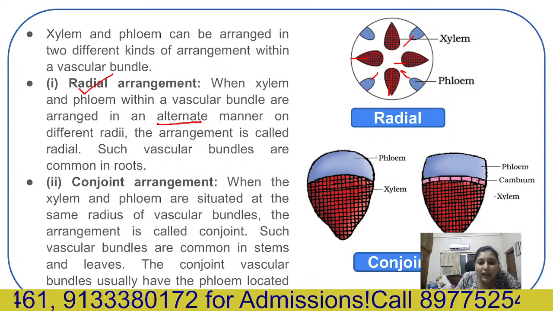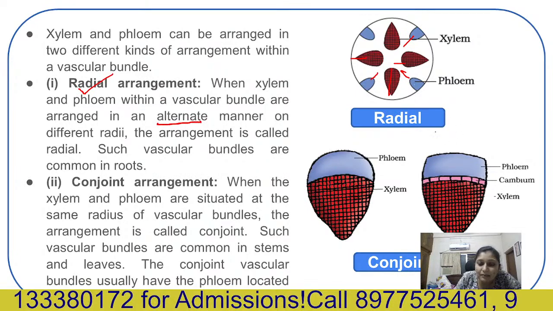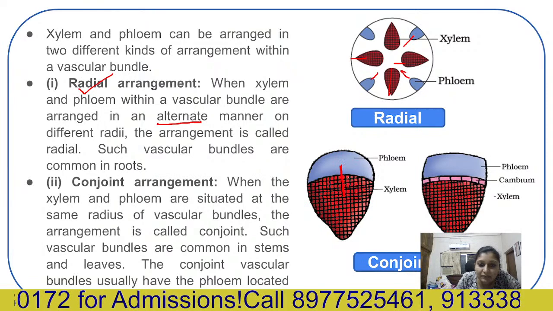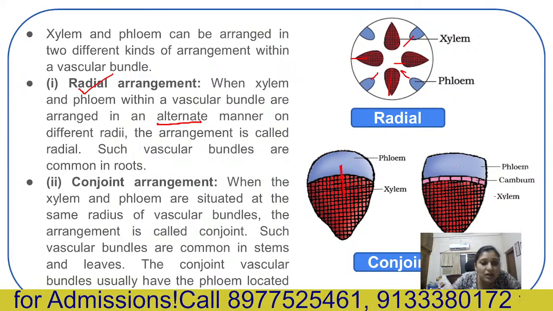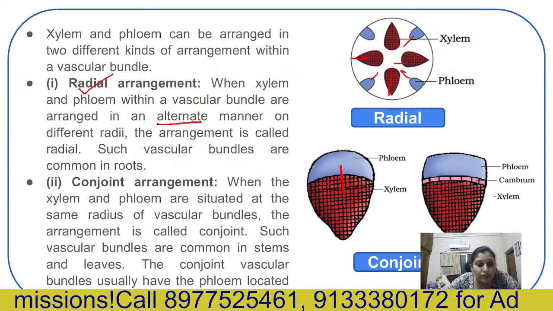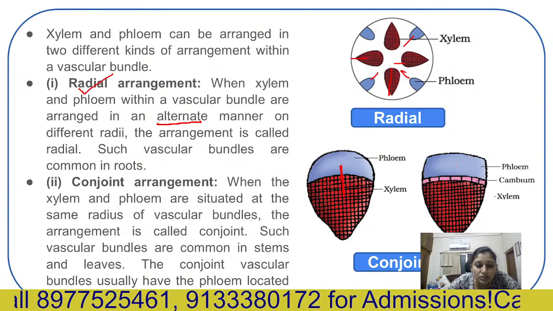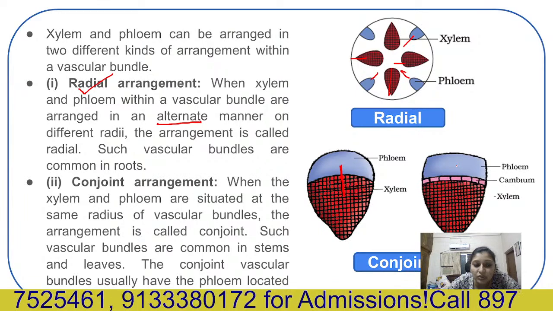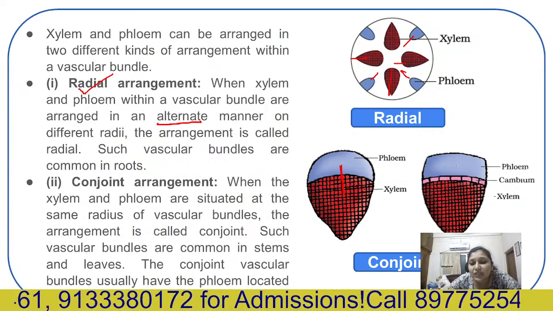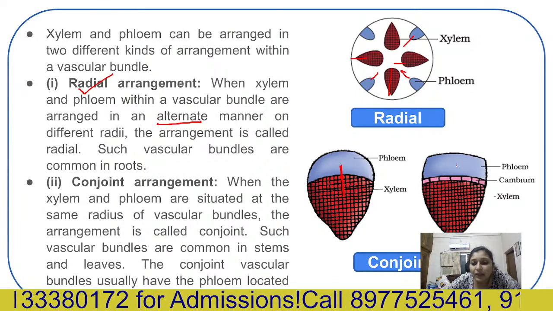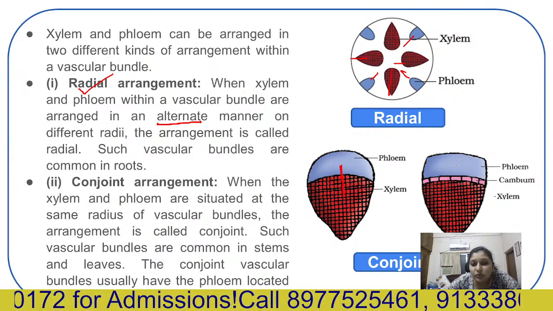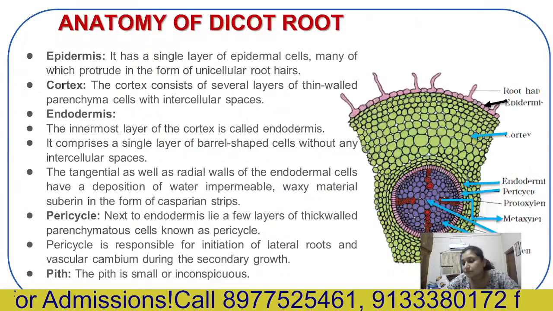And if they are at the same radius, xylem and phloem together, that is called conjoint. Such vascular bundles are common in stems and leaves. The conjoint vascular bundles usually have the phloem located only on the outer side of the xylem, with xylem towards the pith mostly.